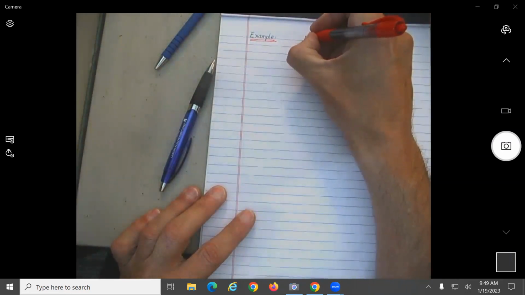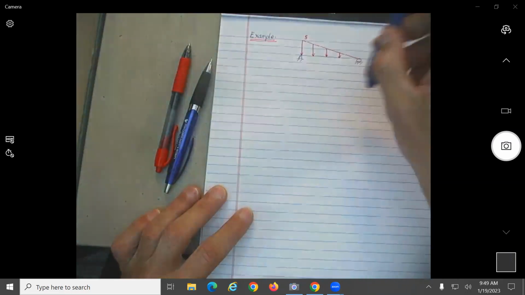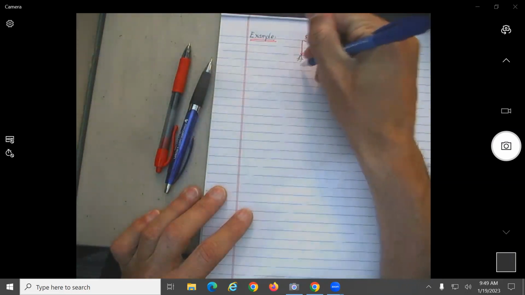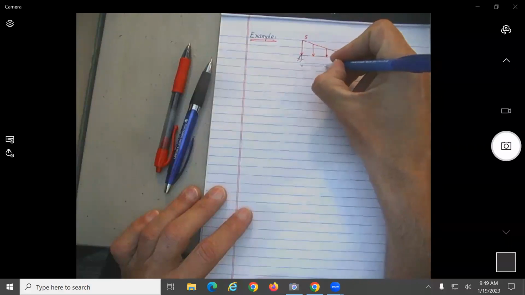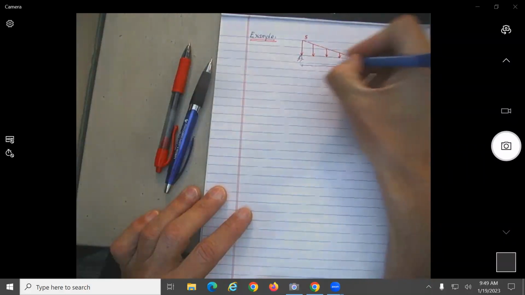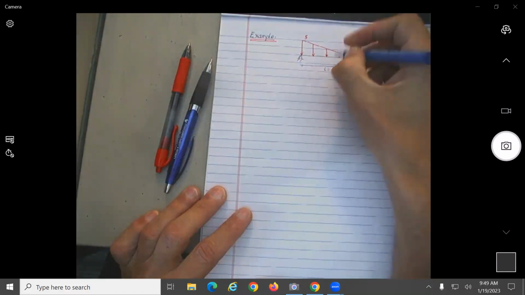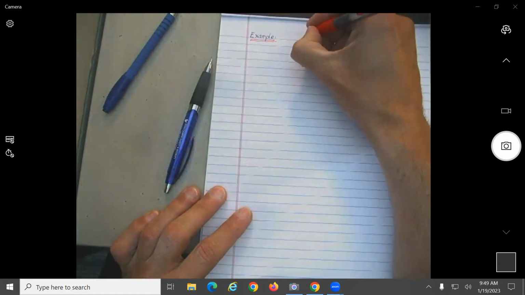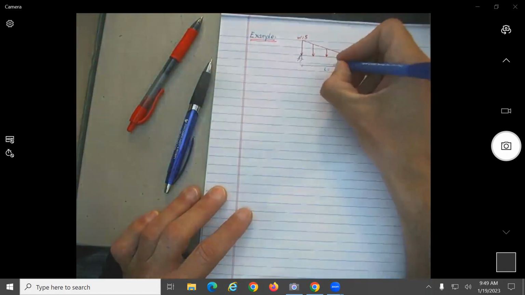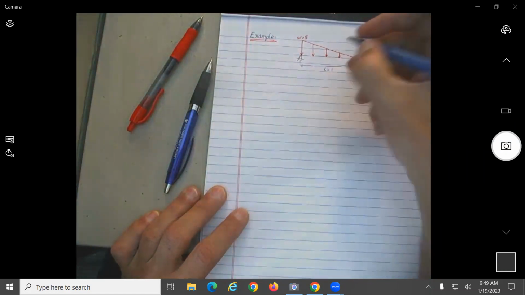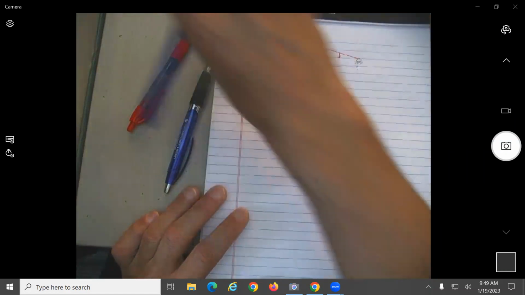I'm not going to put units, just distances. 5. The length will be L. The distributed load is generally known as W. Let's put L as 12.